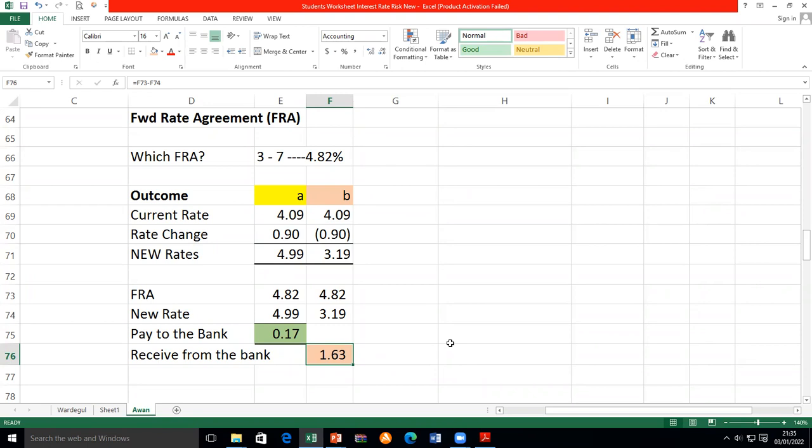This is an investment, and you have entered into an FRA to fix the interbank rate at 4.82. So whether the interbank rate goes up or down, you'll be at 4.82. If it goes up, you reimburse the bank. If it goes down, the bank will reimburse you. Are we together?